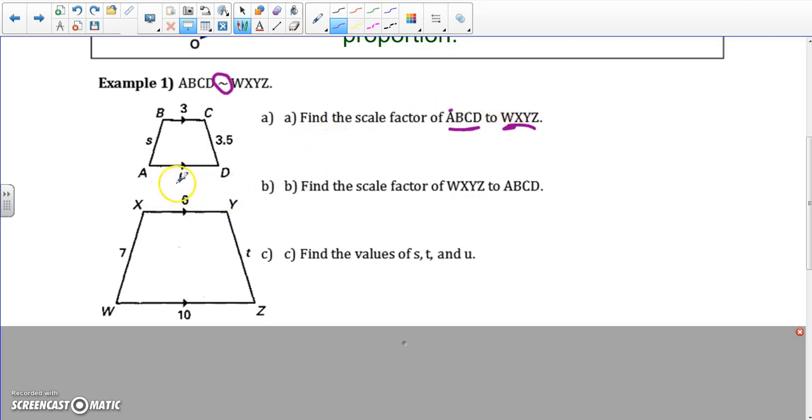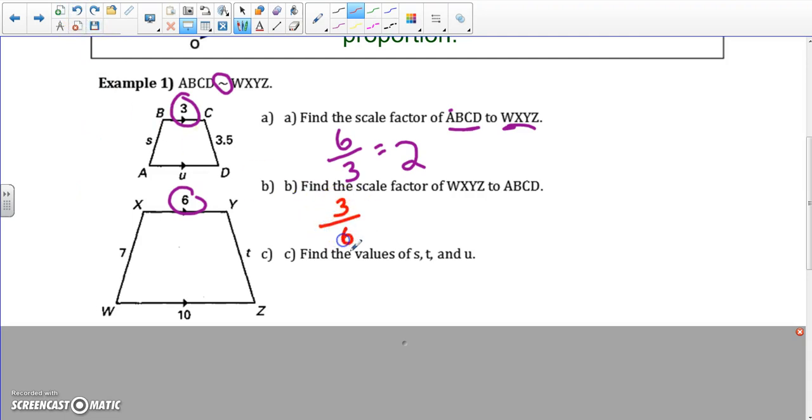So we just find two matching sides. These look like the only ones that we know right now, 6 and 3. So from ABCD to WXYZ is 6 to 3, which is a scale factor of 2. And the other way around, the scale factor of WXYZ to ABCD, going the other way, remember it's always the new figure divided by the old figure.